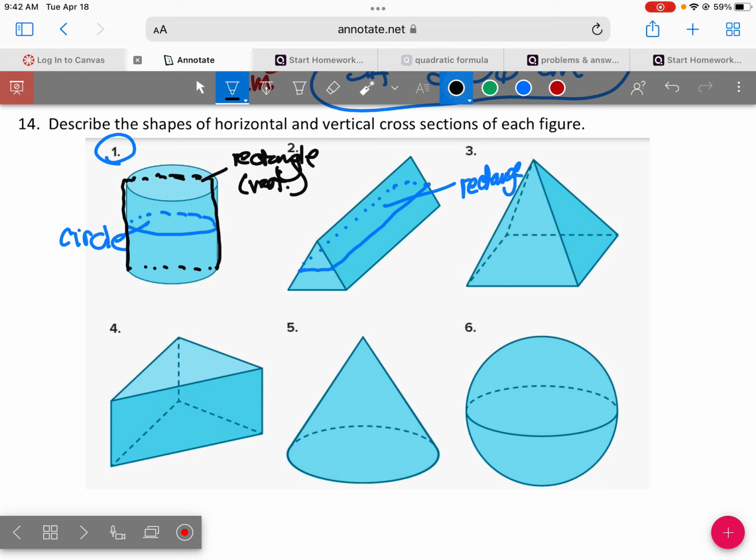And what about if I do a horizontal cut? Triangle. It will be a triangle. Okay. What if I do a horizontal cut here? Rectangle. And number 5? I jumped to number 5. You're gonna get a circle. That is a circle.